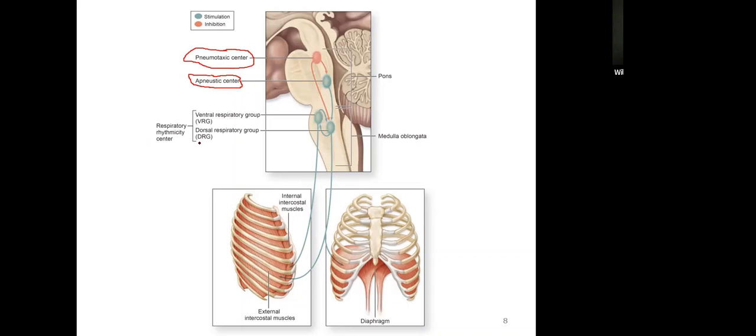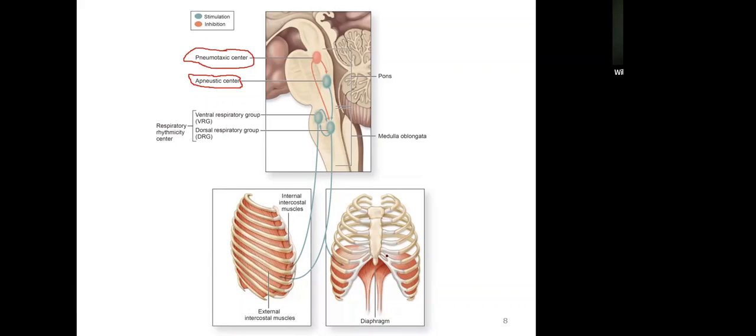And the rhythmicity center, which is controlled via the ventral respiratory group and the dorsal respiratory group, the VRG and the DRG, communicates this stimulation to the intercostal nerves by the internal and external intercostal nerves. And of course, we also have the communication with the diaphragm.